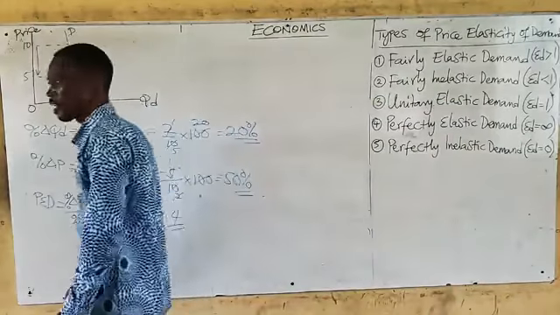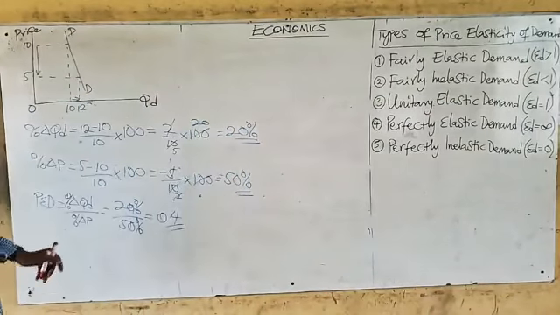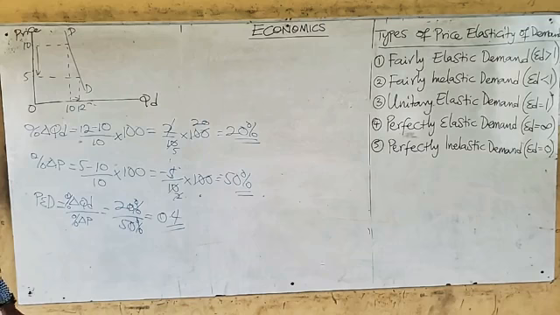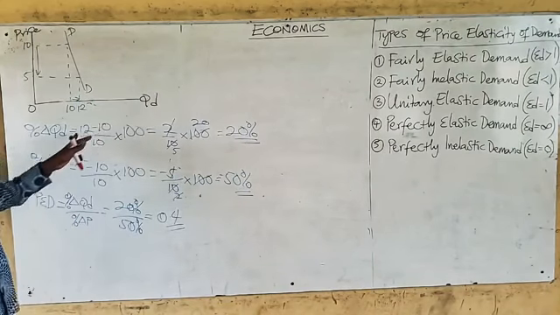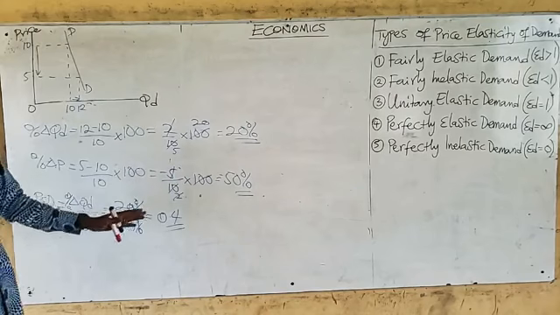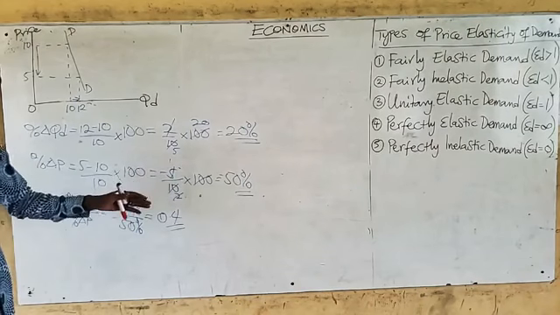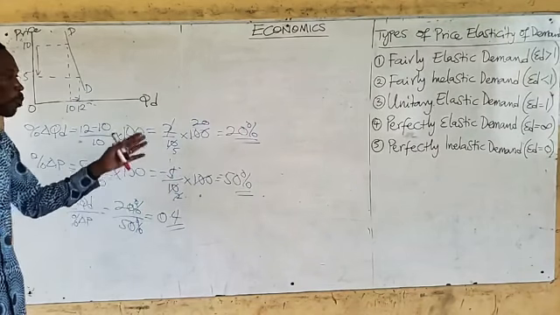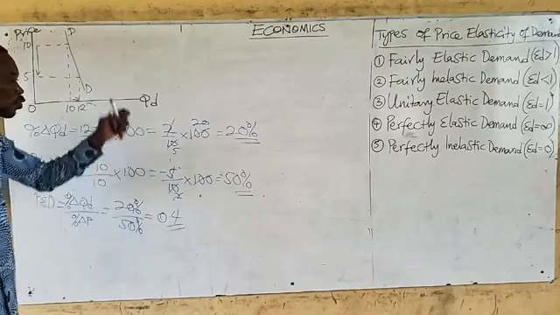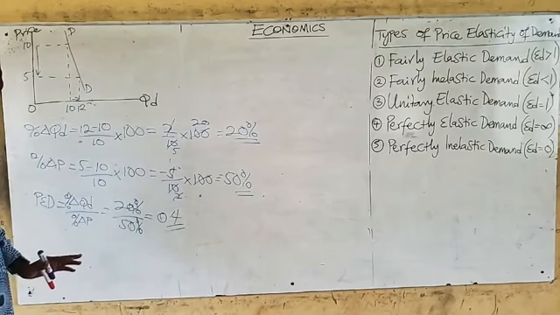Good. Now we are going to do unitary elastic. Remember that with all this that we are doing, we are just using the percentage formula. You can equally use the proportional or proportionate formula and you will get the same result.